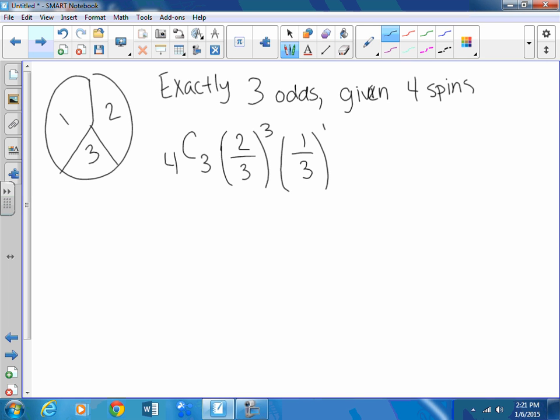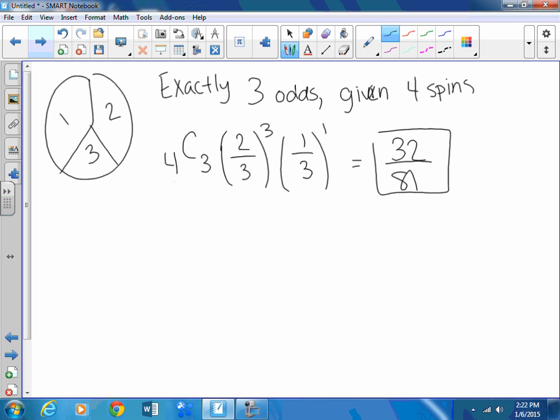So I'm going to have 1/3 to the first power. I've got 3 odds. That other spot has to be taken by an even. And if you punch that in your calculator, you're going to get 32/81 as your probability. A lot easier than writing out all those different ways.